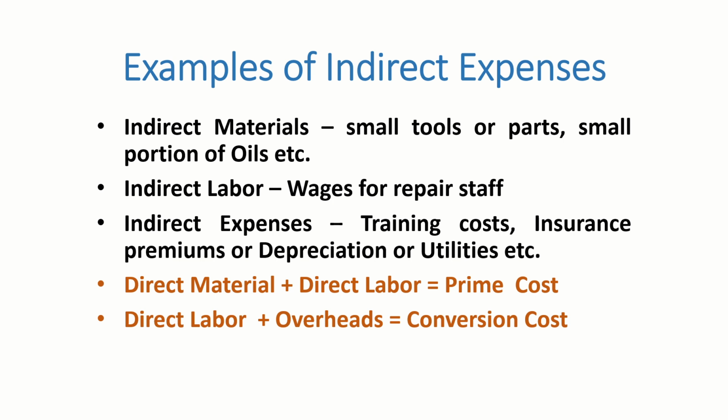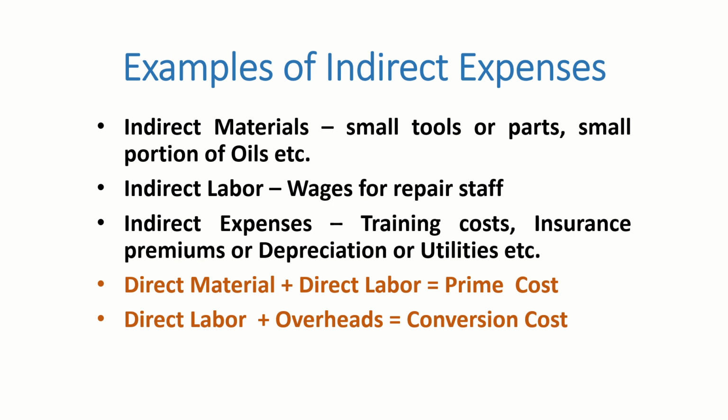Indirect materials can be small tools, parts, a small portion of oils. They are consumed in bulk in all the products. So we cannot attribute the quantity of tools or parts or a portion of oil to any particular product. They are consumed in bulk across the company.